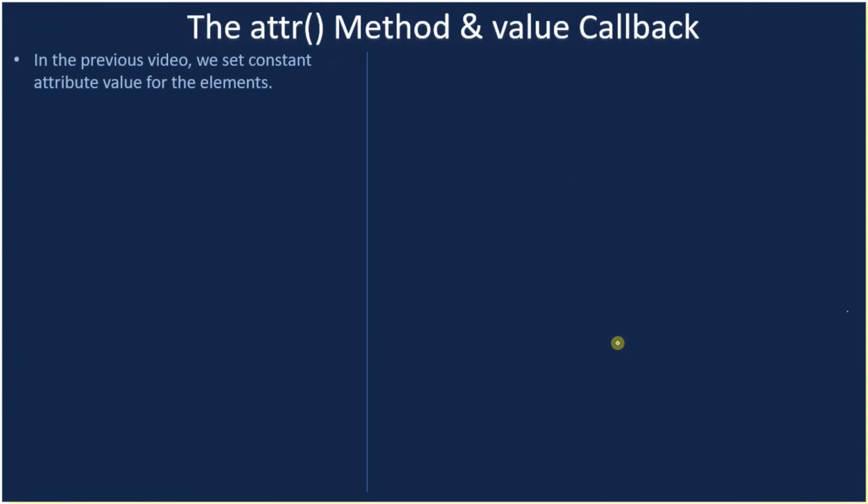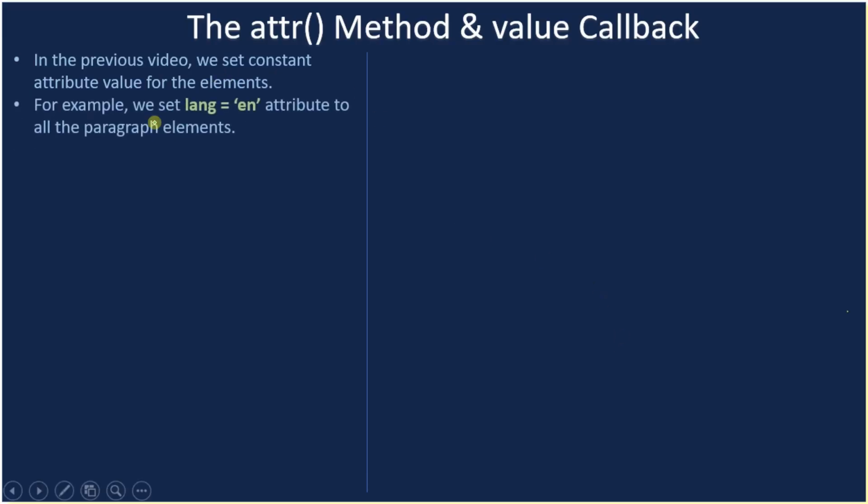In the previous video, we set a constant attribute value for the element, right? Say, for example, we set the title attribute with a constant value of fruit node. As one more example, we set lang equal to en.